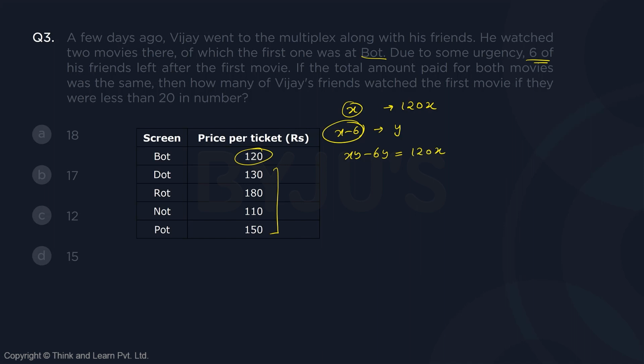So if I calculate the value of x from here, x will be equal to... you can calculate x also, x minus 6. Let's talk about y. y will be what? 120x upon x minus 6. Okay.